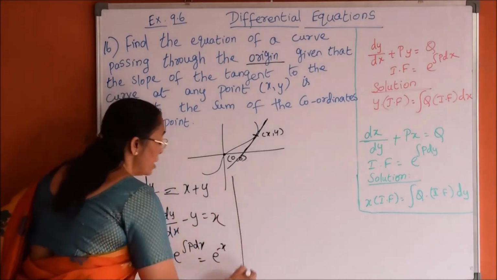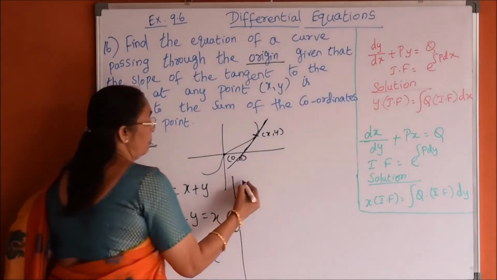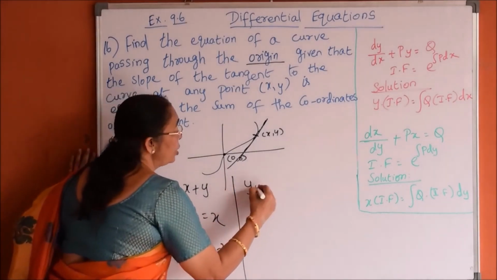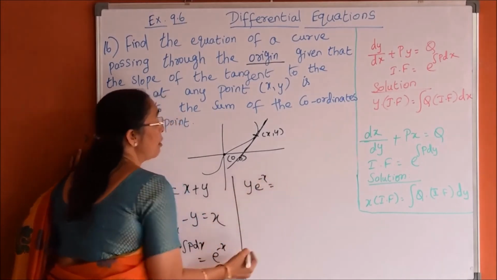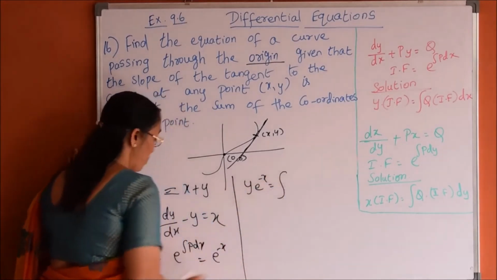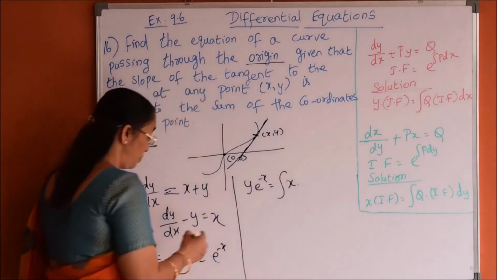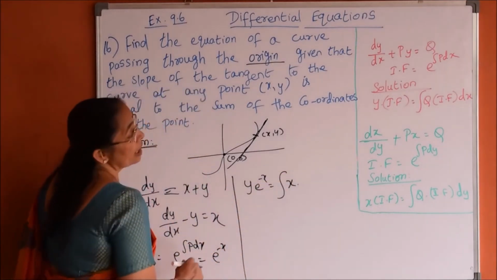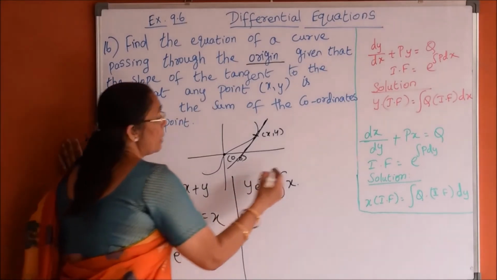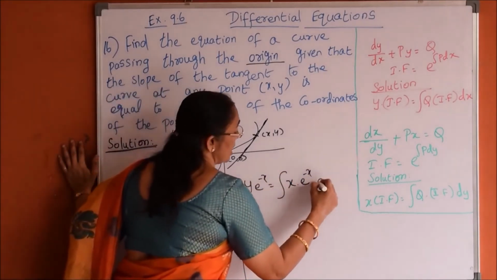Now solution is nothing but y into integrating factor is equals to integration of q function. Q function is x into integrating factor e power minus x dx.